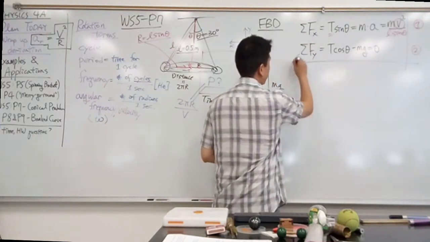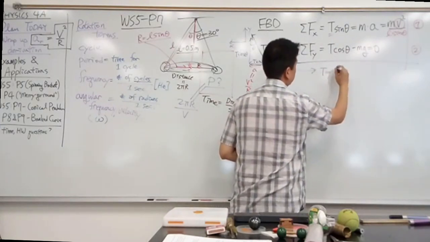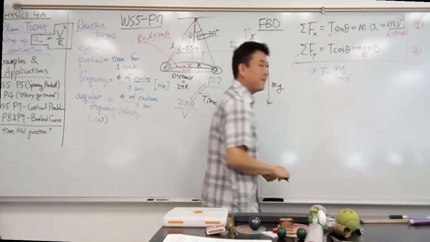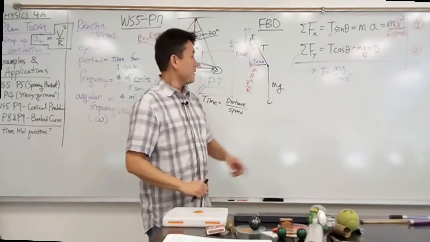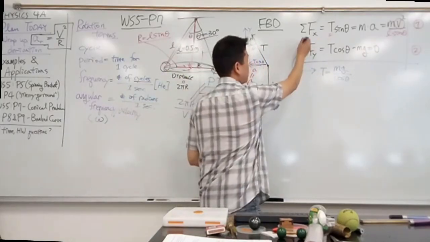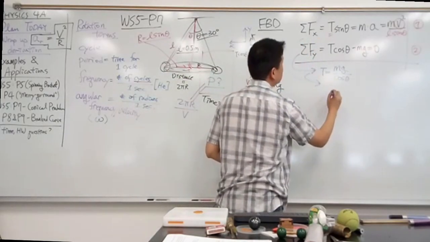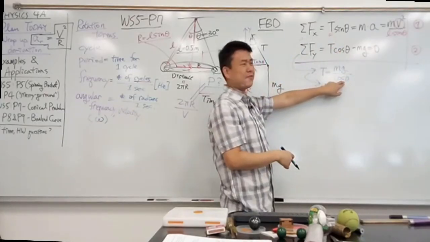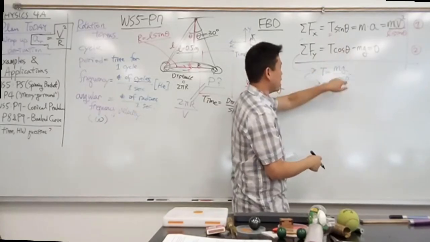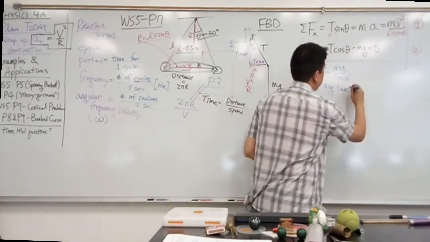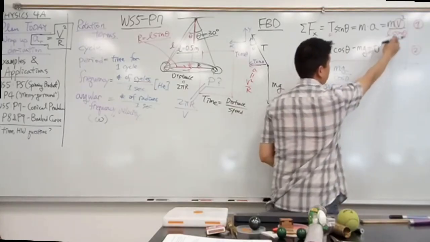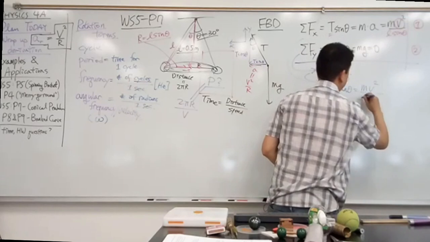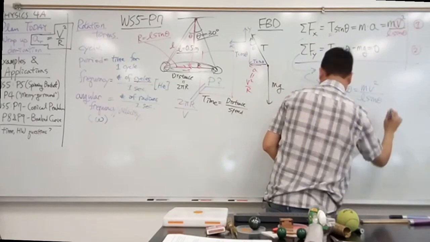So solve the second equation for T. T is equal to mg over cosine theta. I'm not making that mistake again. Plug this into equation 1, then you get mg sine theta over cosine theta. Sine theta over cosine theta, tangent theta, is equal to mass times mv squared over L sine theta.